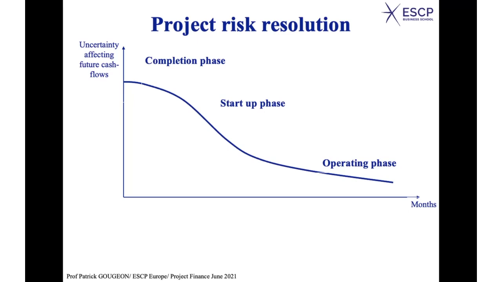So you may have delays, and delays mean more cost, because time is money, as you know. But also cost overrun, because it may appear that developing the project is more expensive than was planned in the first place. But at the end, once the project is completed, all these uncertainties will have disappeared, and therefore the degree of uncertainty of risk is decreasing.